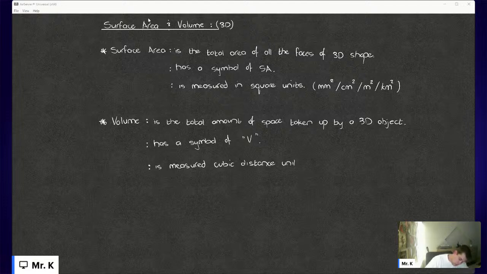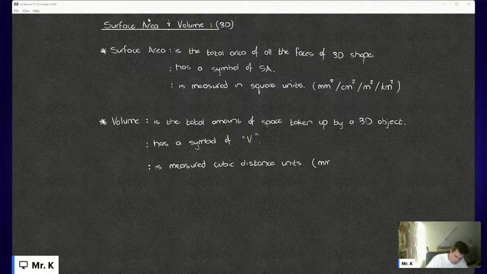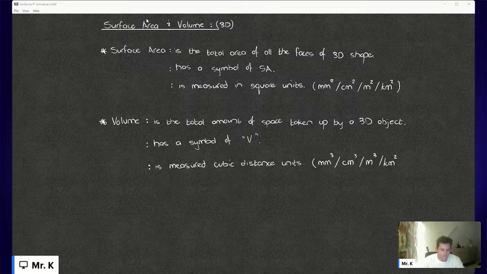What are cubic units? Millimeters to the power of 3 or cubed. Centimeters cubed. Meters cubed and kilometers cubed. I hope everything is making sense so far, guys.